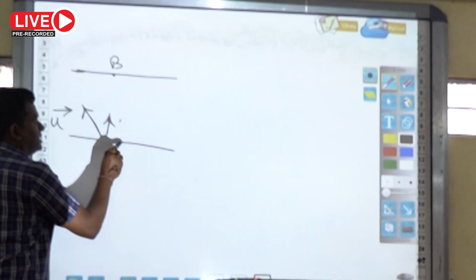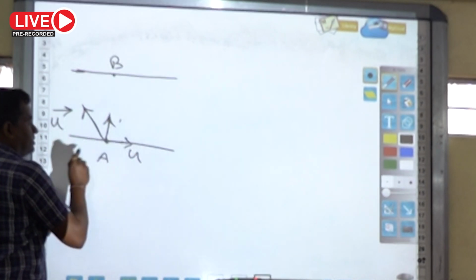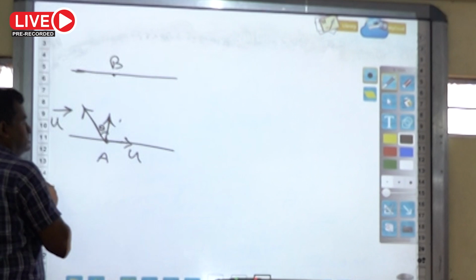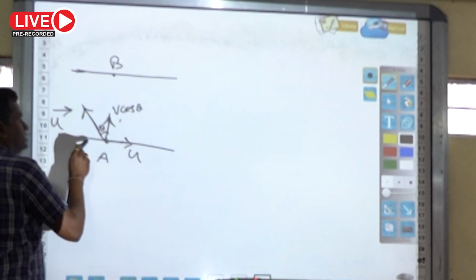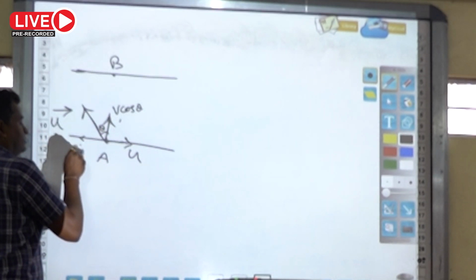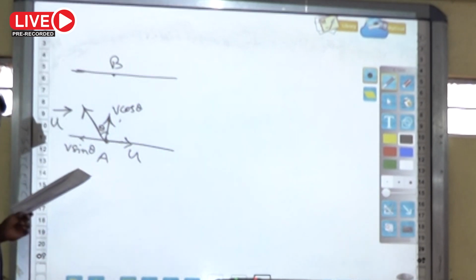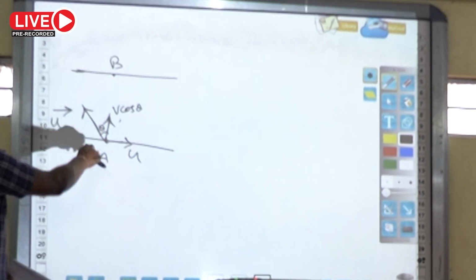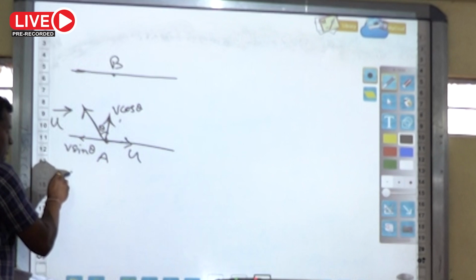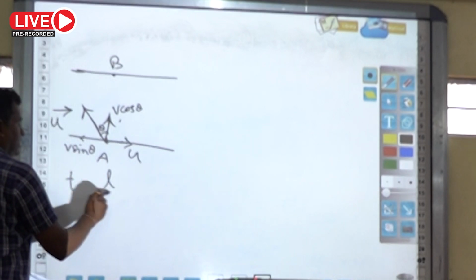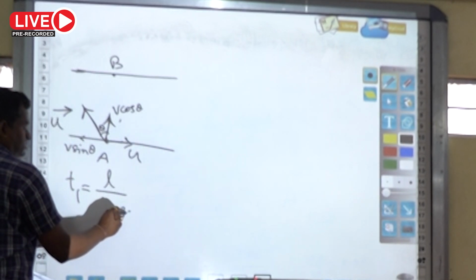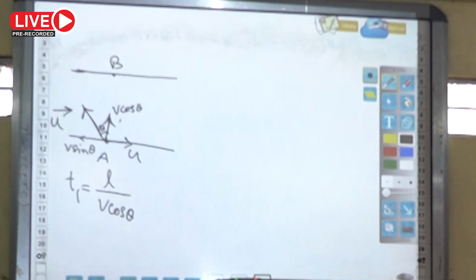So draw this u here, take this angle to be theta, then this one will be v cos theta, this one will be v sin theta, and the aeroplane crosses the distance L from A to B. So time taken by the aeroplane, T1, equals L by v cos theta.